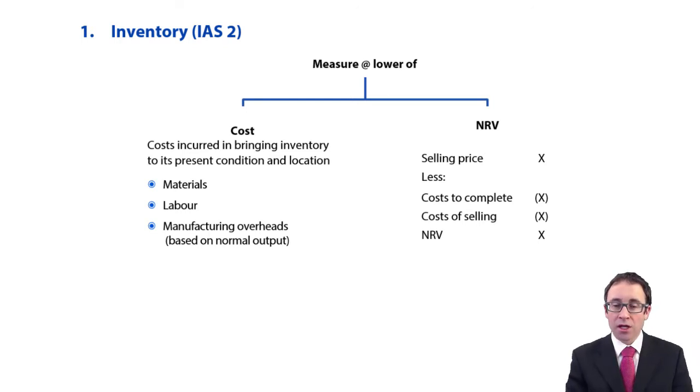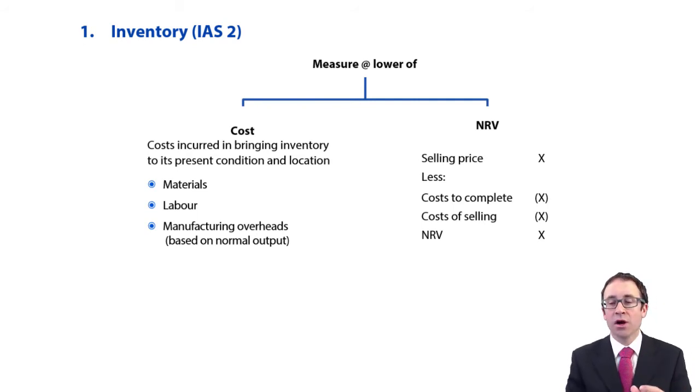Okay. So the key aspect in terms of the inventory is measuring the inventory at the reporting date. So remember, we need to process that closing inventory journal, whereby we debit the inventory on the statement of financial position, and then we credit the inventory within cost of sales in the statement of profit or loss. The issue is, what do we record the debit and what do we record the credit at?